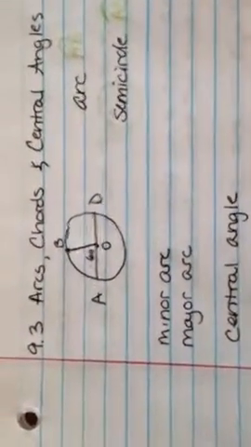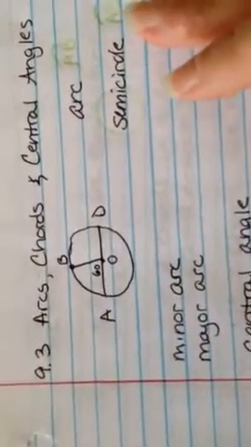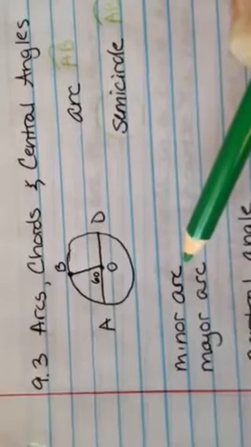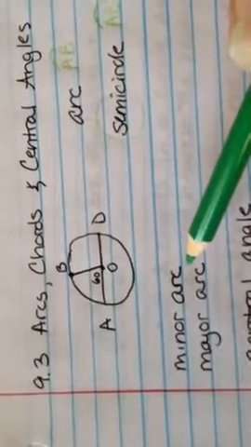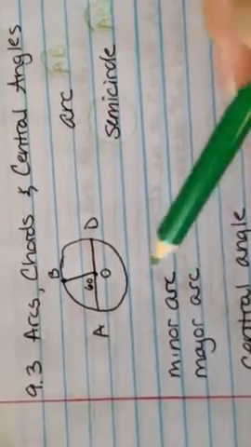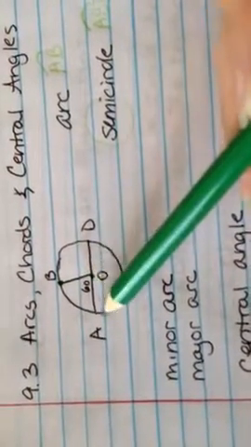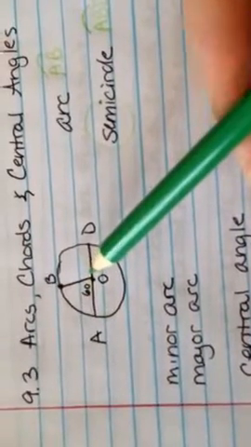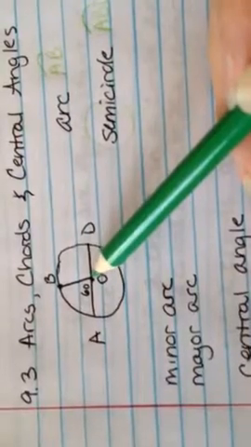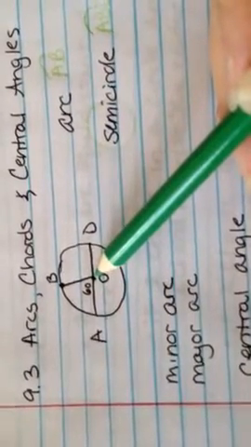There are two kinds of arcs within a circle, a minor arc and a major arc. The minor arc is one in which all of the points are contained within what's called a central angle. A central angle is an angle that has its vertex on the center of the circle.